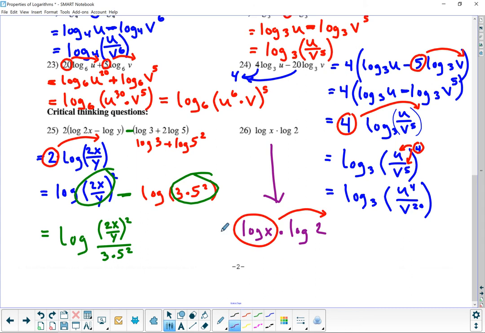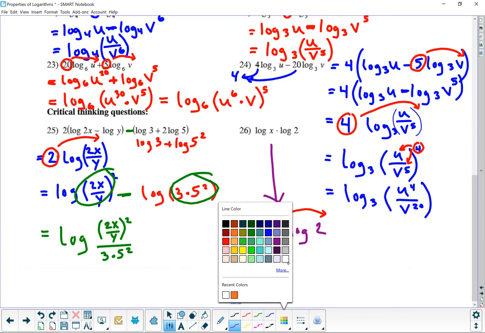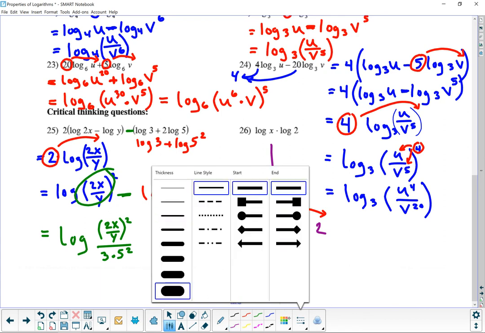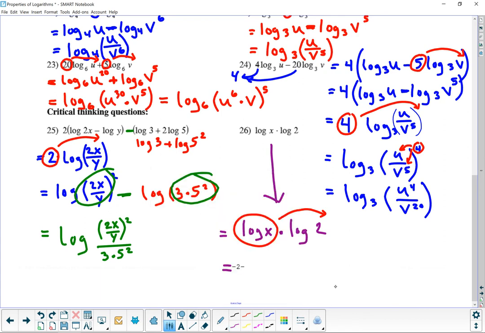So in a sense, we will have the answer of log of 2 to the power of log of x. If you want, you can put parentheses right there.